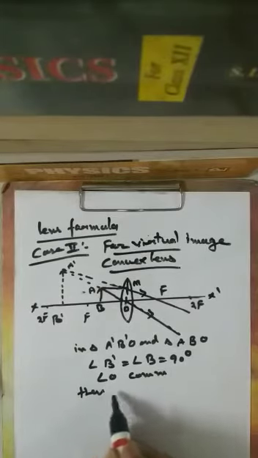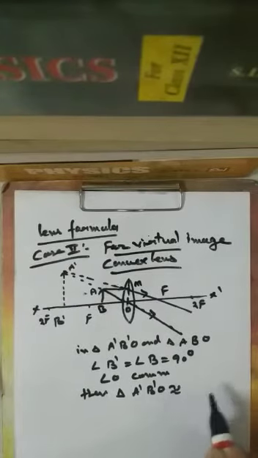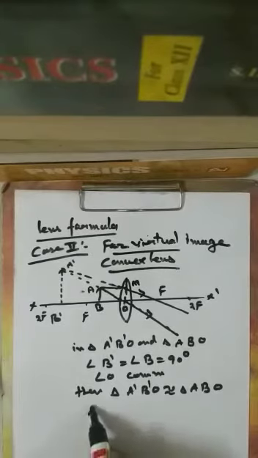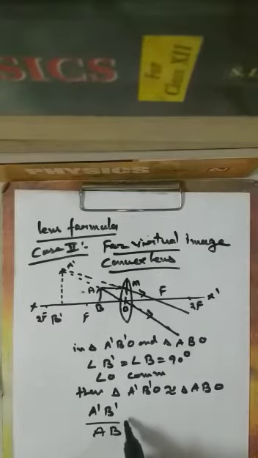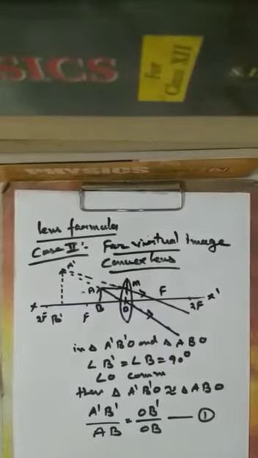Then triangle A dash B dash O is similar to triangle ABO. So we can write A dash B dash upon AB is equal to OB dash upon OB, equation number 1.